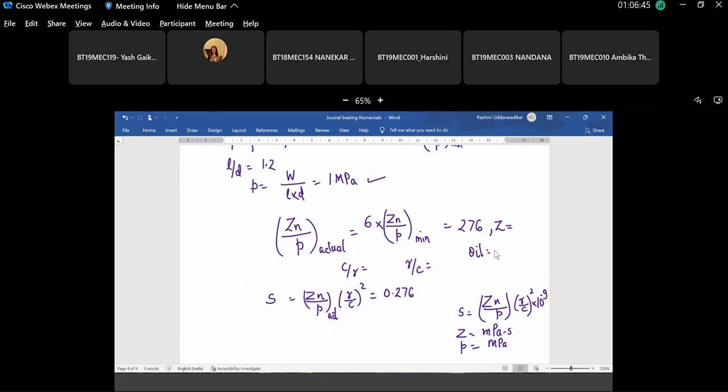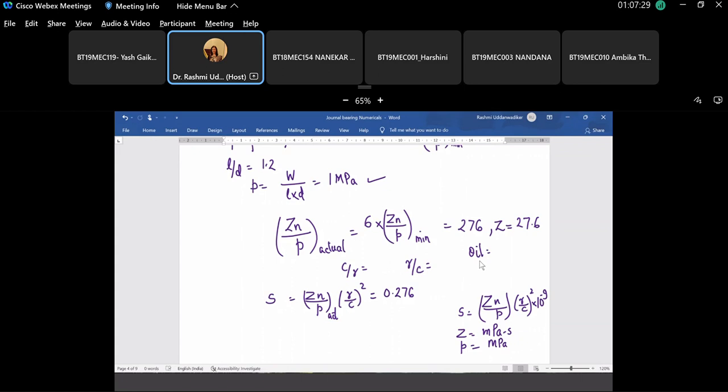For Zn by P 276, N in RPS, P in MPa, Z is 27.6, which is close to the value given in the design data book. Suitable viscosity is given as 25. We are getting 27.6. So what is the oil?